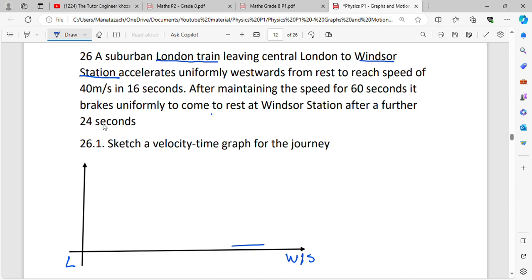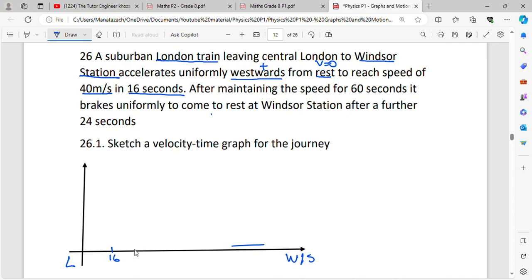We're told that the direction is westwards, so west will be positive. It starts from rest, meaning velocity will start from 0, and then speeds up to 40 meters per second in 16 seconds. So this is going to be our time axis.